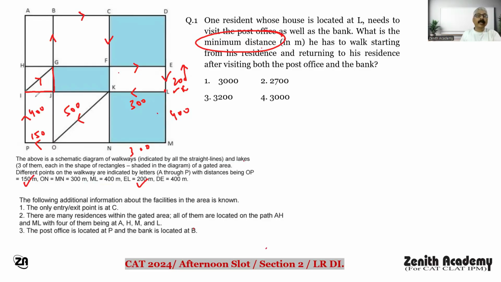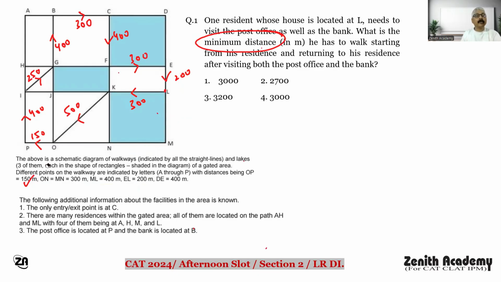So 150 and 200 means, by Pythagoras theorem, the diagonal is 250. Then 400, 300, 400, 300, and finally this 200. Add it, and this will be our answer.